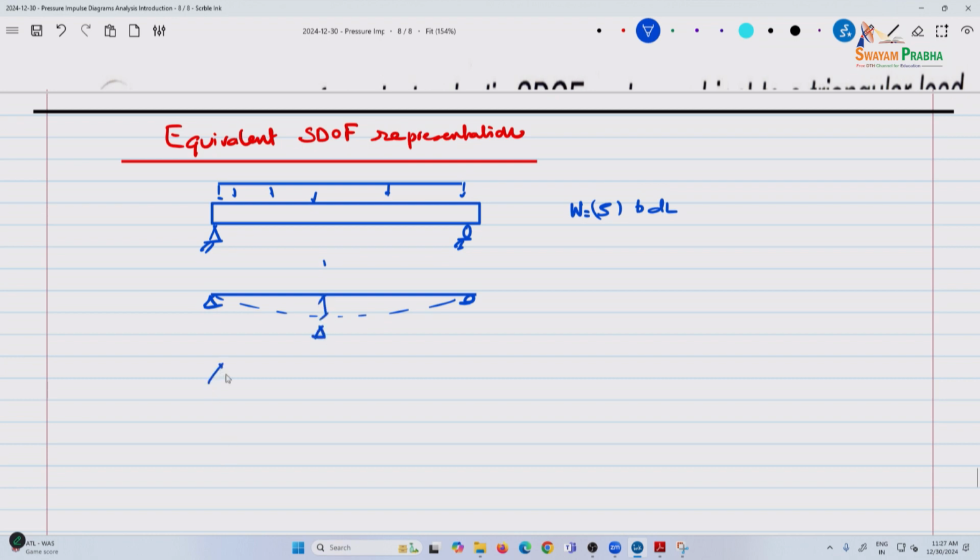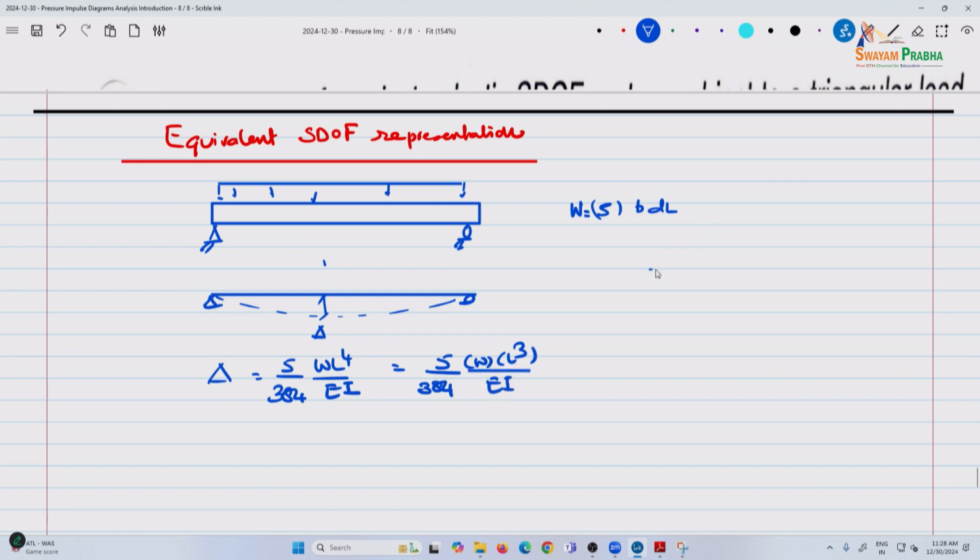The deflection, as we all know, is 5 by 384 EI by, I'm sorry, WL 4 by EI. So this is WL power 4 by EI. So from here you can further say this is 5 by 384 WL times L cubed by EI.